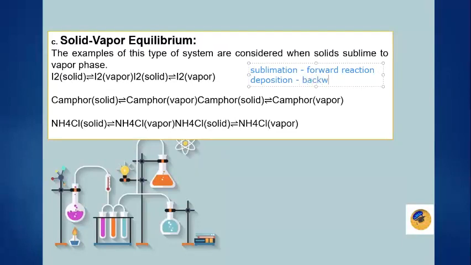That is the backward reaction. This equilibrium is attained when, for example, naphthalene balls show sublimation. That is, it directly changes from solid to a gaseous state.